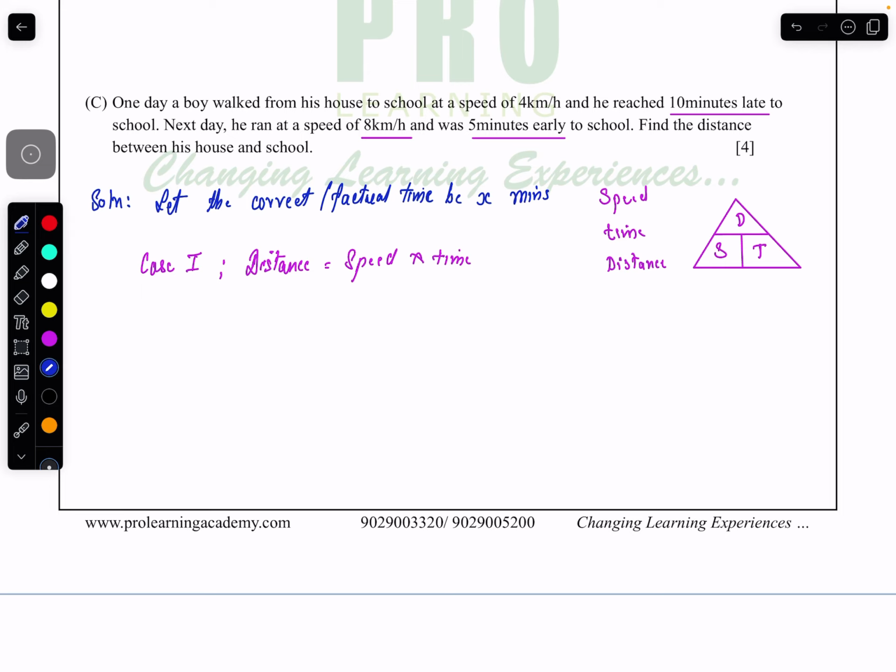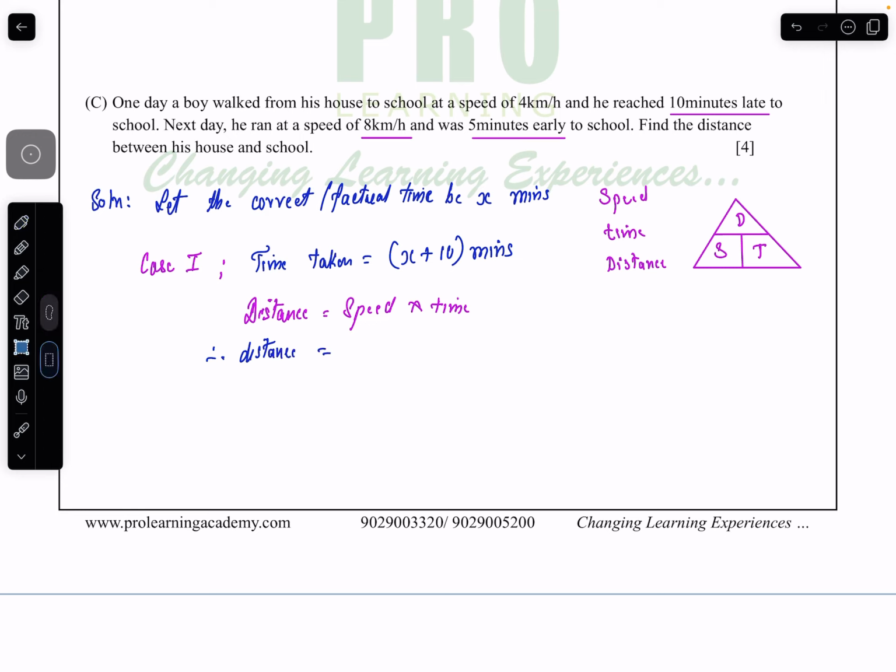So the time taken in this case is going to be x plus 10 minutes. Therefore, taking distance as speed into time, our distance would become, speed was 4 kilometers per hour.